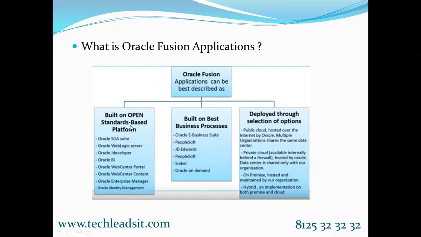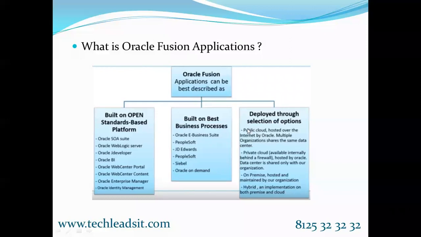Now, these platforms and business process services are deployed by Oracle with several options, like public cloud, private cloud, on-premise, and hybrid. Public cloud is hosted on the internet by Oracle and shared among multiple organizations from the same data center.